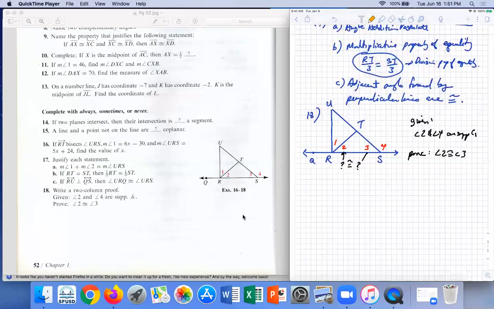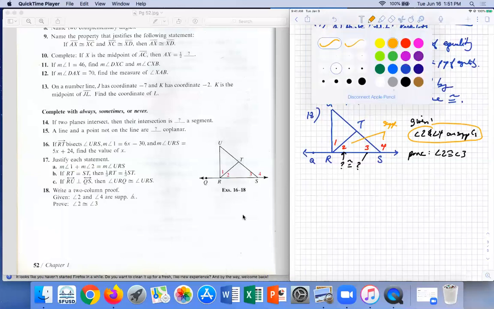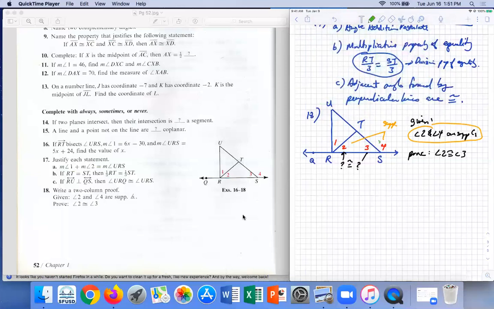What does the given tell me? 2 and 4 are supplementary, which means they add up to 180. But then what do I know? Since I have 2 and 4, and I want to prove 2 and 3, it'd be nice if I could say something about 3 and 4. Angle 3 and angle 4 form a linear pair.